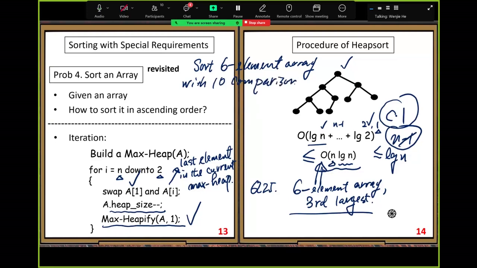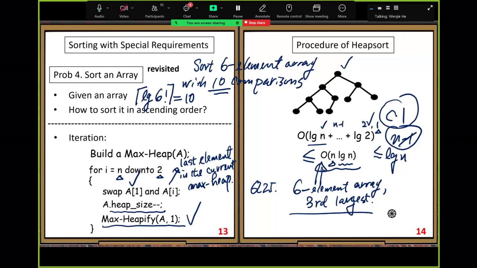The best solution is 10 comparisons. If you use that lower bound number, log base 2 of 6 factorial, you also get 10 comparisons. But in our midterm question, you needed to provide the sorting detail steps.